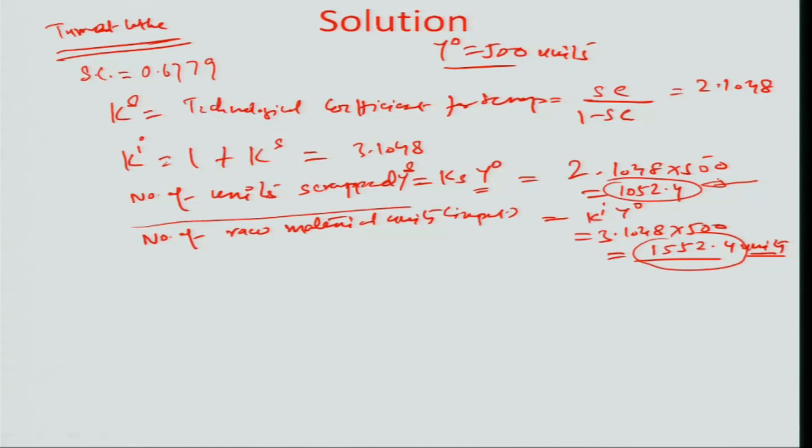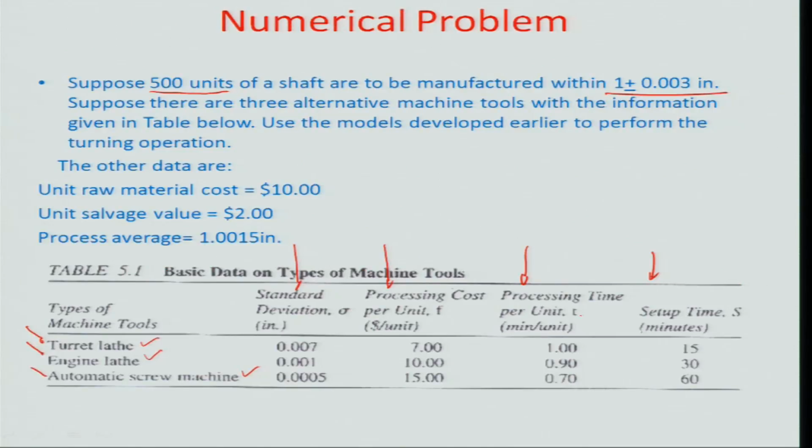So the manufacturing lead time in this particular case can be represented by the setup time plus the processing time per unit value. In case of the turret lathe, it is recorded as 1.00 minutes per unit, and the setup time is recorded as about 15 minutes.